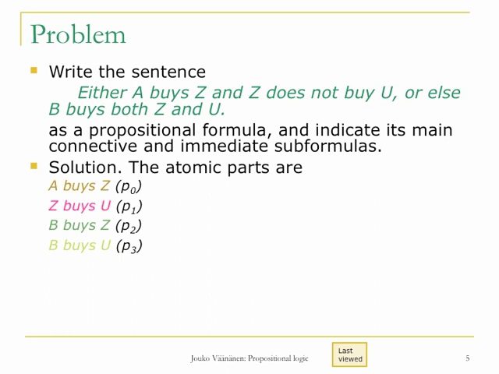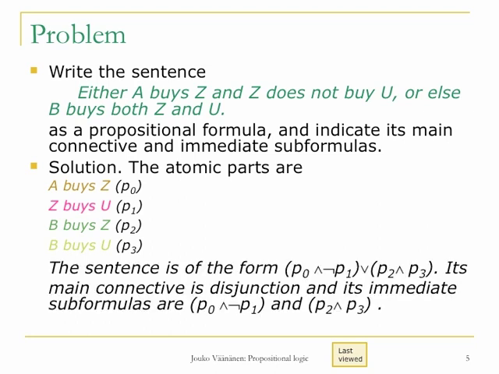The atomic parts are P0, A buys Z; P1, Z buys U; P2, B buys Z; P3, B buys U. The sentence is of the form (P0 and not P1) or (P2 and P3).